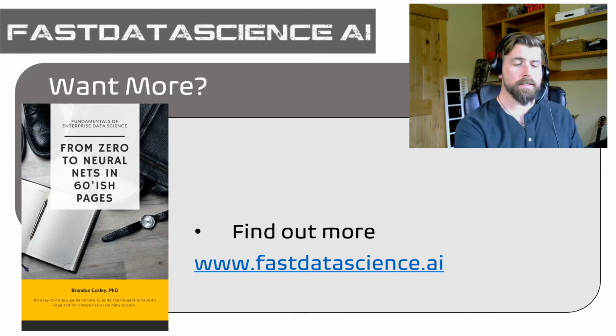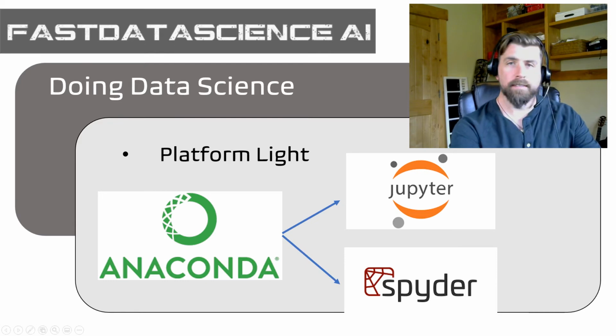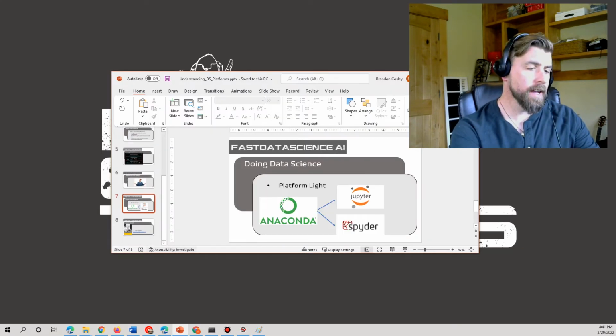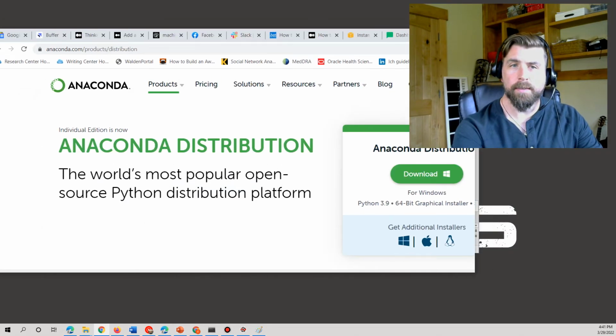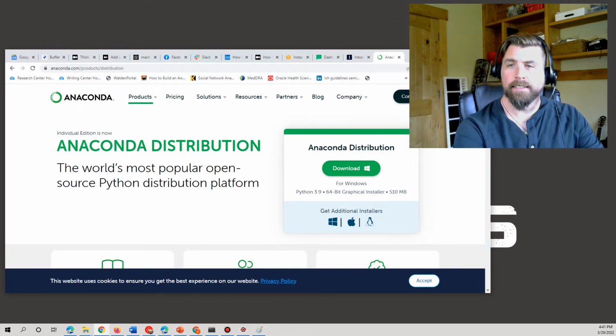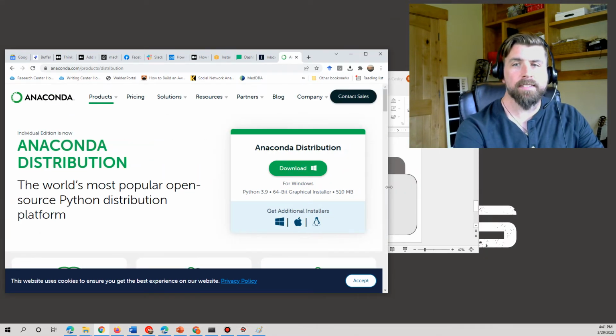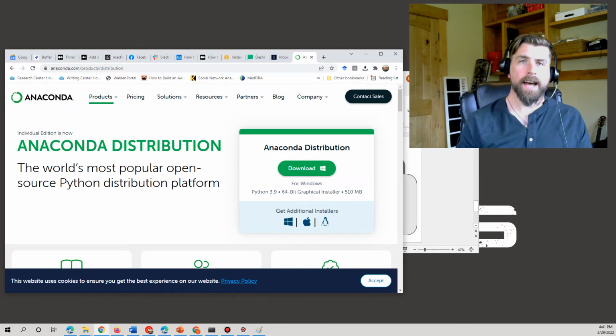All right, so let's talk really briefly about what Anaconda is and how to access it. So Anaconda, I'm going to slide over here to my browser, as I mentioned, is simply a tool that is sort of acting like a platform in that it provides us with multiple applications all in one download.